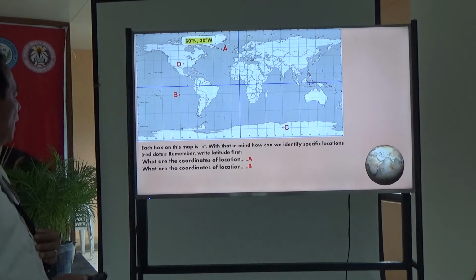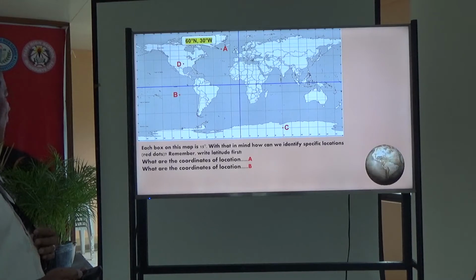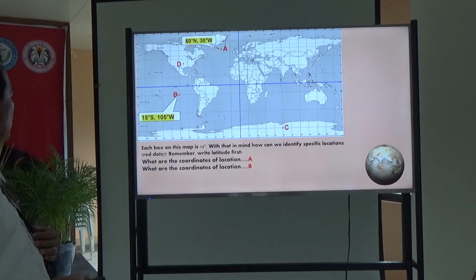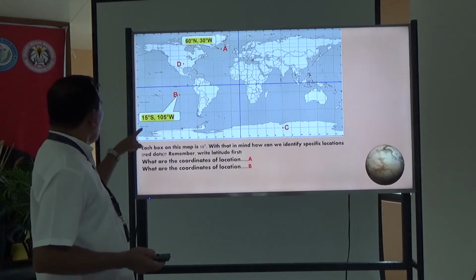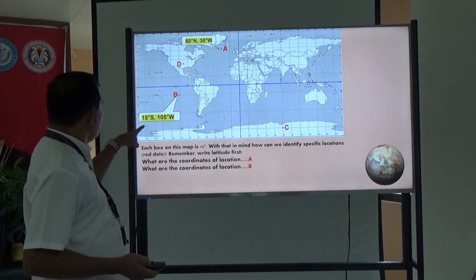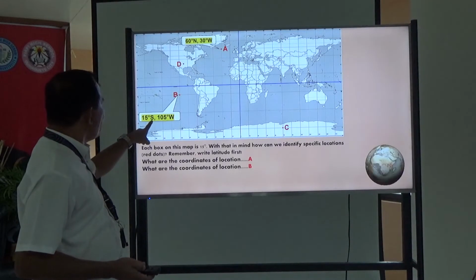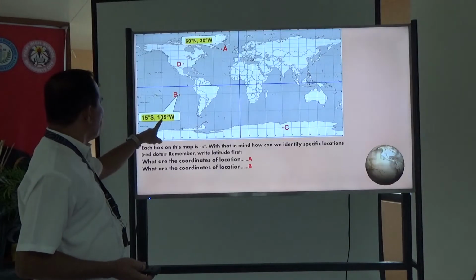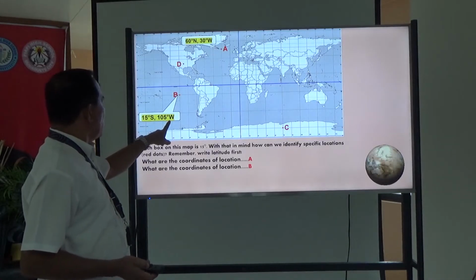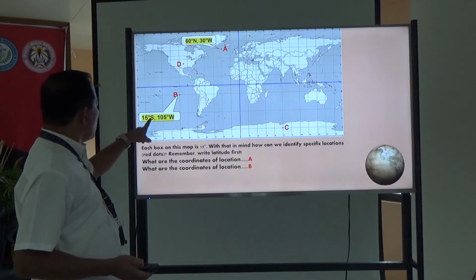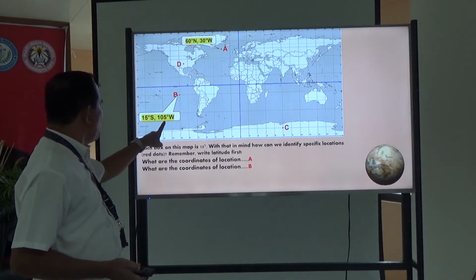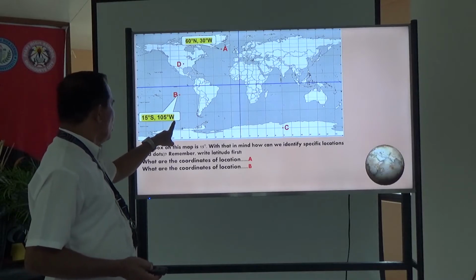How about the coordinates of location B? If you look at the map again, this is 15 degrees south and 105 degrees west. In other words, 15 degrees south latitude and 105 degrees west longitude.